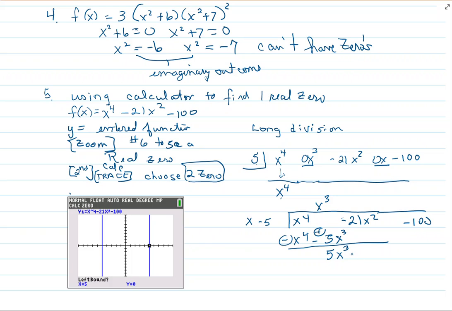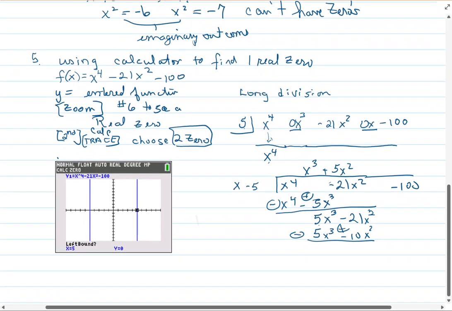To do that, I'm going to divide this into this, and it's plus 5x squared to get the 5x to the third minus 10x squared. I don't know why I couldn't do that thing. Heaven knows. Negative and a positive. So this zeroes out.